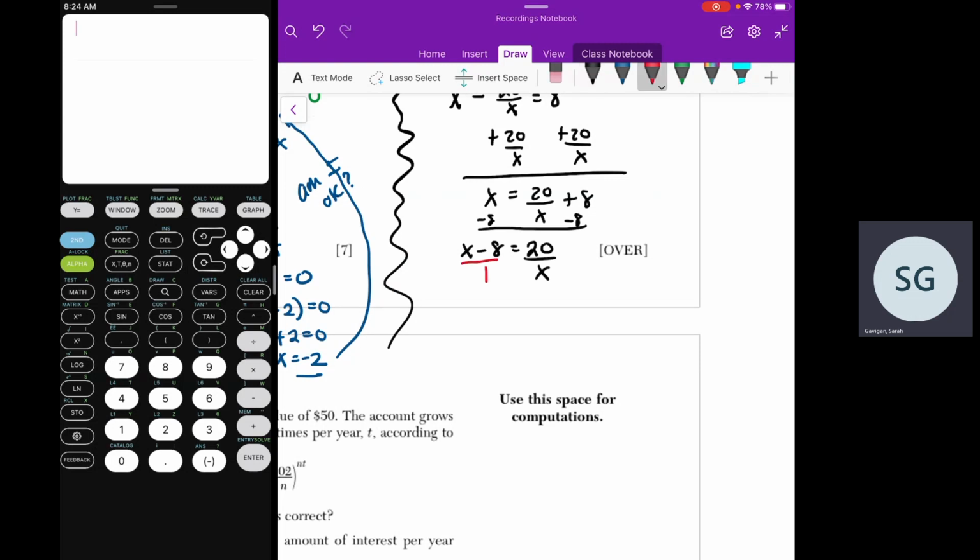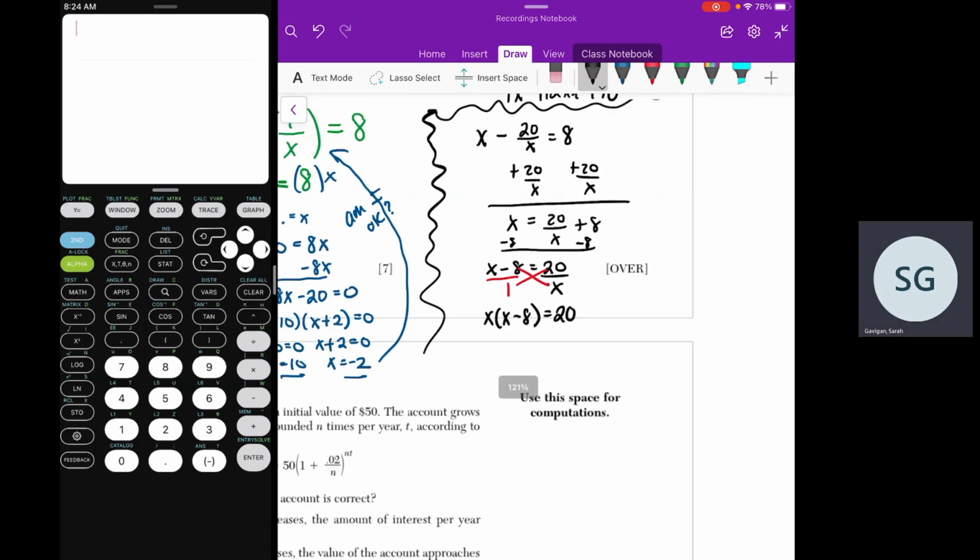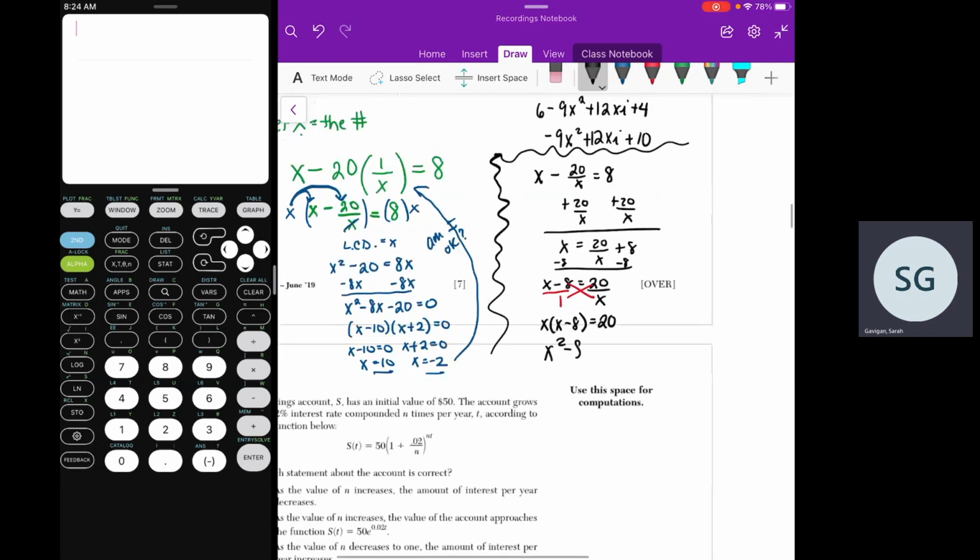Then you can just think about it as cross multiplying. And the steps from here, you distribute, and the steps would be the same where you have to get it equal to 0. That's an alternative way to continue the problem.